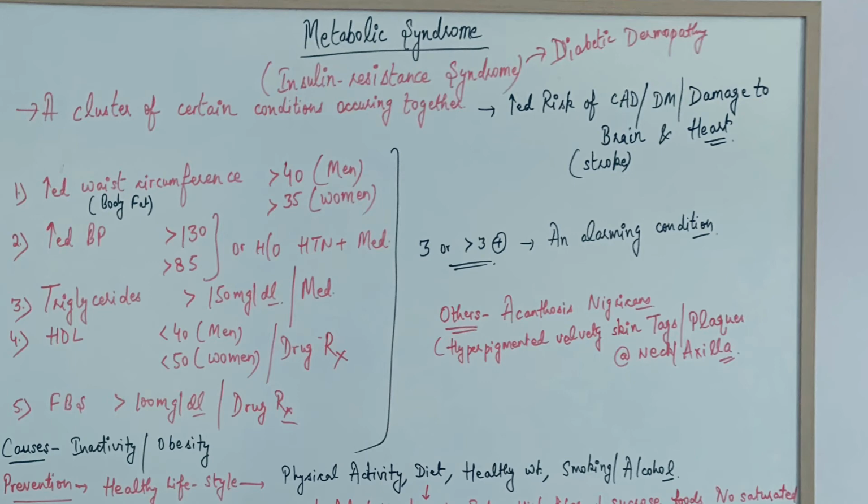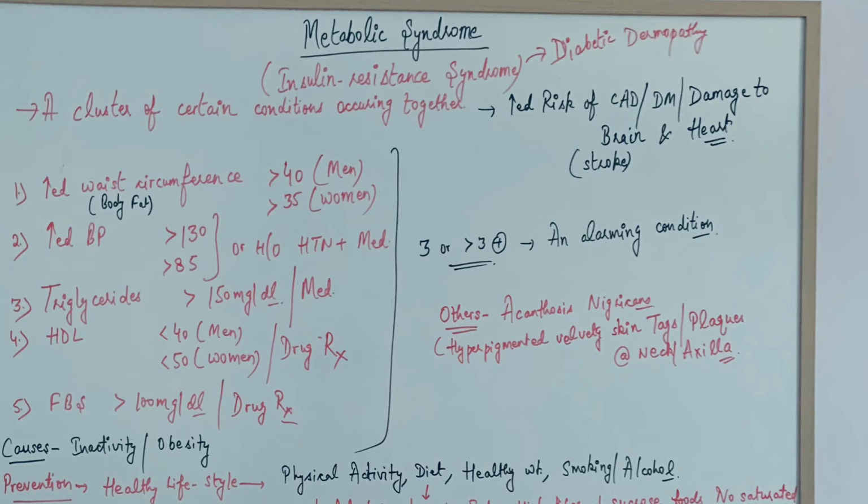And for prevention, firstly it's very important to choose a healthy lifestyle, and in a healthy lifestyle the patient has to do some physical work at least 30 minutes per day. Second is diet. Diet is very important because in diet we can control our consumption of fats and carbohydrates.